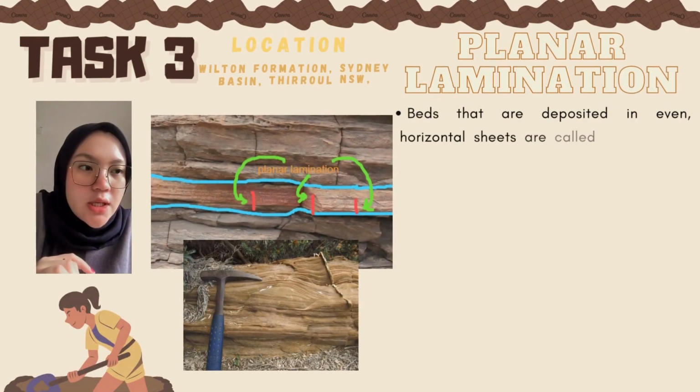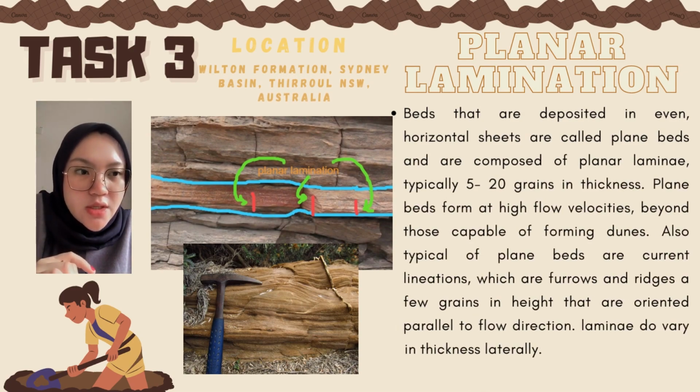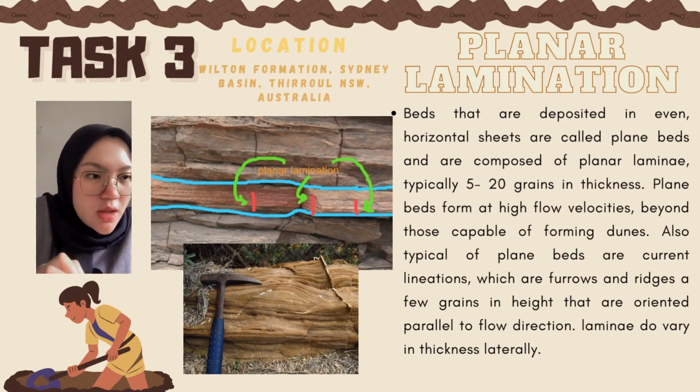So we continue with plane beds at the same location. Beds that are deposited in even horizontal shear are called plane beds. They are a composite of planar laminae, typically 5 to 20 grains in thickness. Plane beds form at a higher flow velocity, beyond that capable of forming dunes.